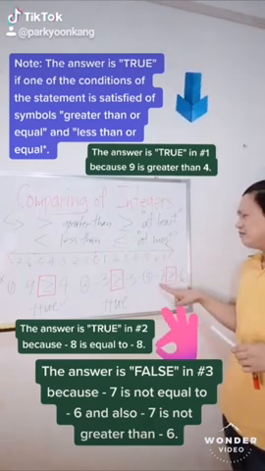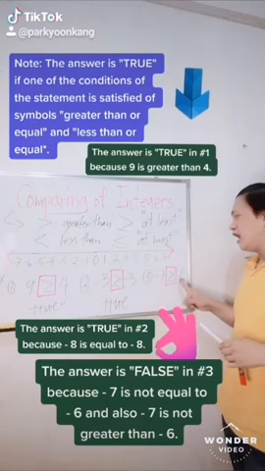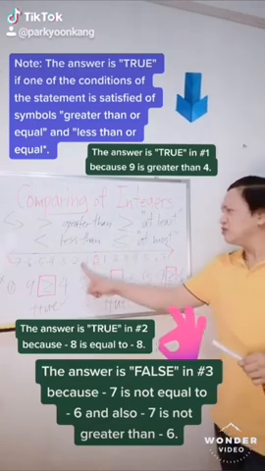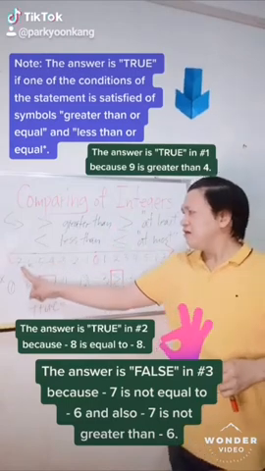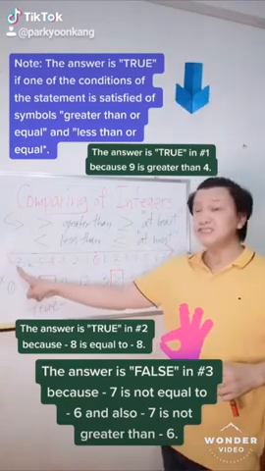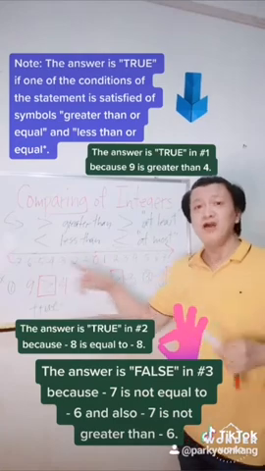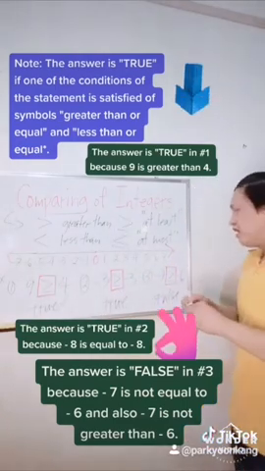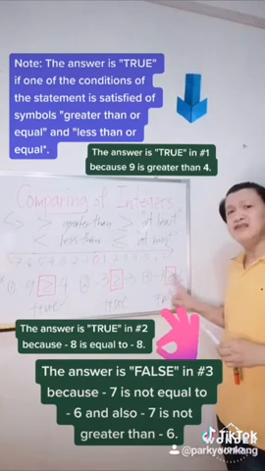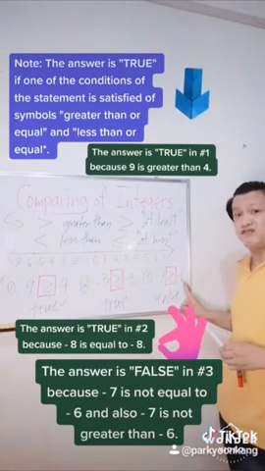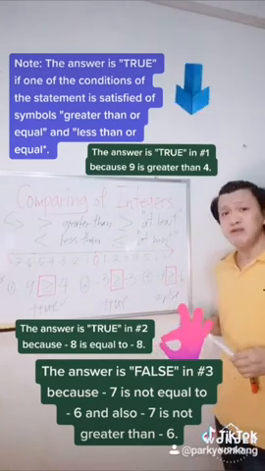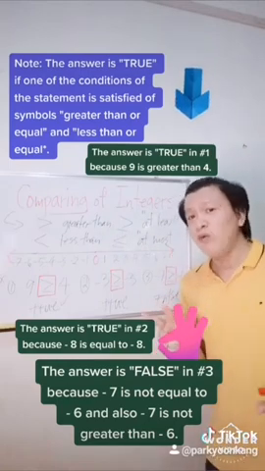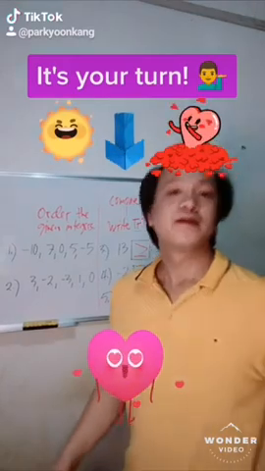So, tignan natin, kung titignan mo dito sa number line, mas malayo yung negative 7 sa zero kaysa sa negative 6. So, automatic, false na yung statement mo. And hindi rin siya equal doon sa negative 6, yung negative 7. And that is false. Kailangan para masabing false, walang magtutrue doon sa dalawang statement.